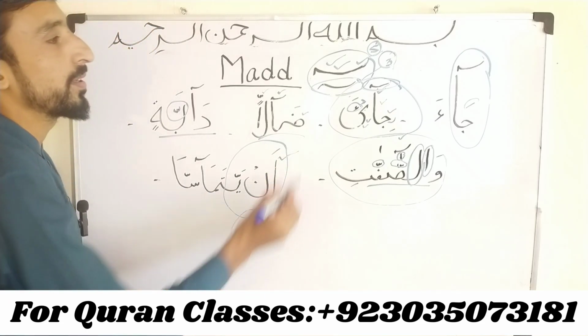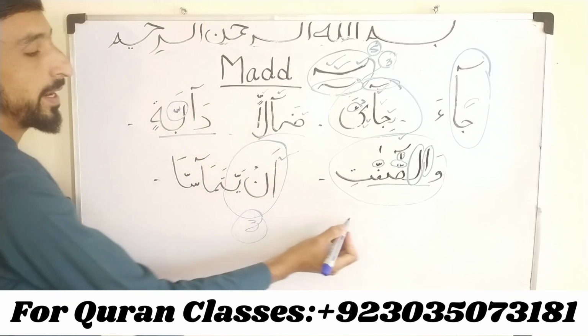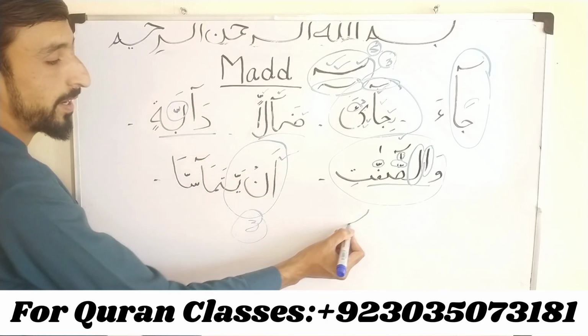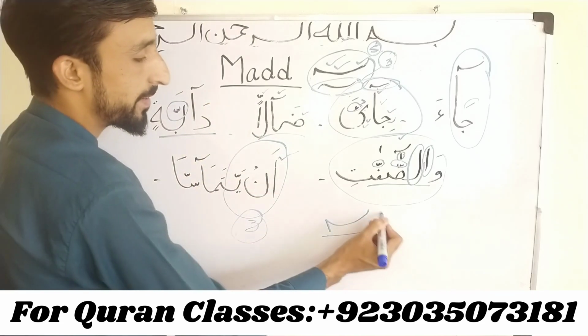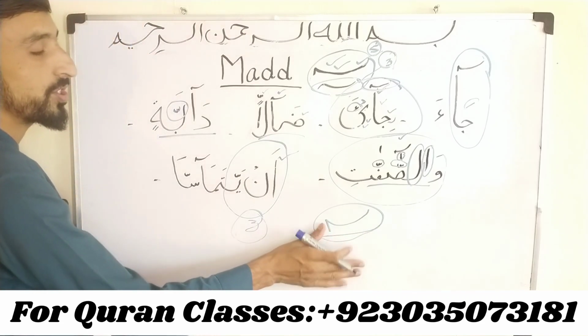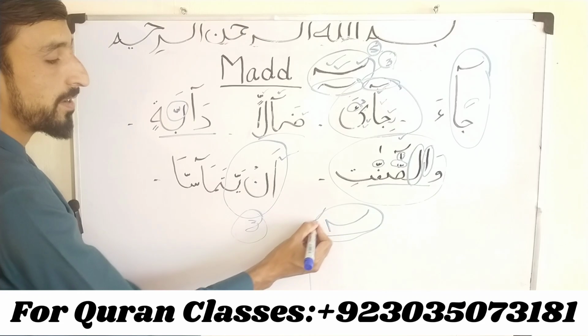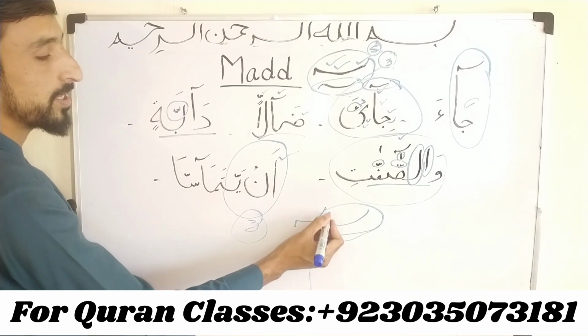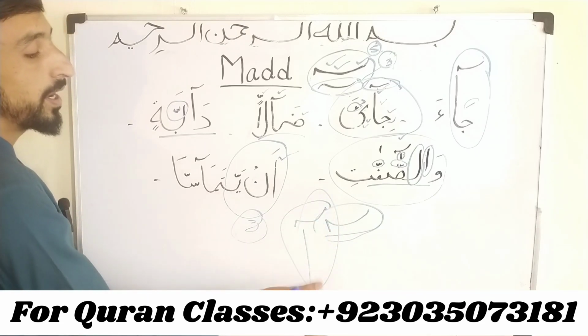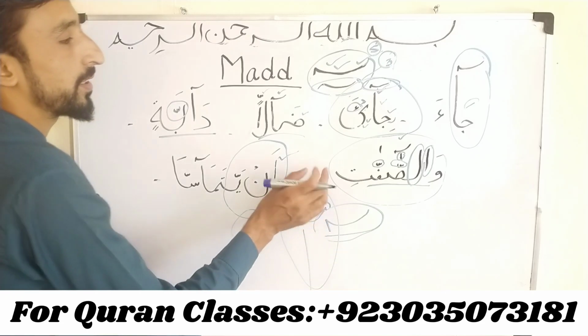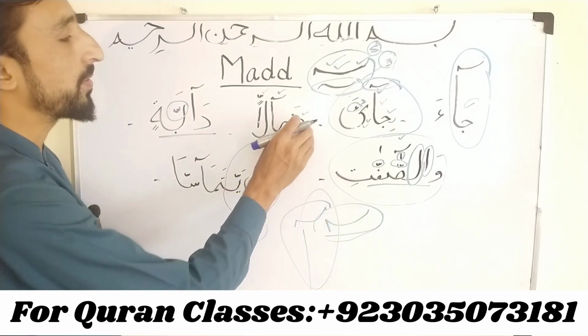It must be remembered that this is the sign of mad, and whichever letter has this sign, we stretch it for 5 seconds. When alif has a sign of mad, we don't read it as a hamza, we read it as an alif, and we also read this alif when we pronounce different words.